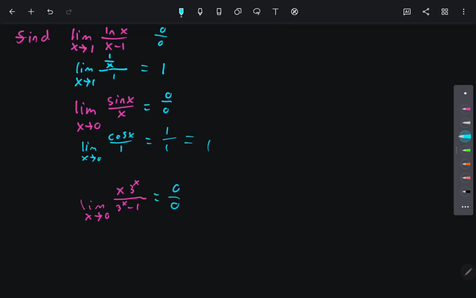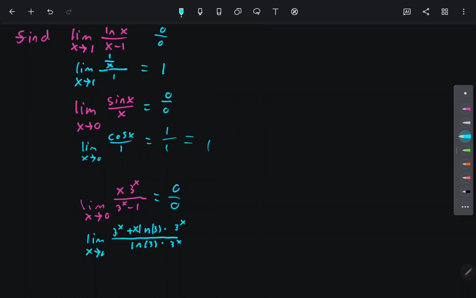So, we take the derivative of the numerator, which in this case is going to be 3^x plus the natural log of 3 times x times 3 to the power of x, all over the natural log of 3 times 3^x.